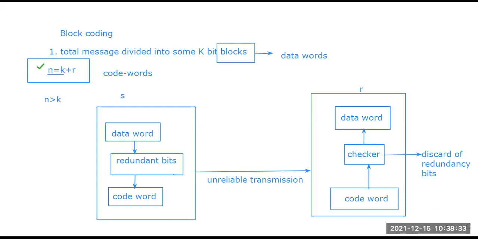While the receiver is receiving that code word, it uses some checker to check the message and discard the redundancy part. Now, how do we discard that? Then this Hamming scenario, cyclic code, parity check code, and other scenarios come in to find out the code, right? So after this particular part, we are going to discuss it, and in the next class we are going to continue from this particular scenario.